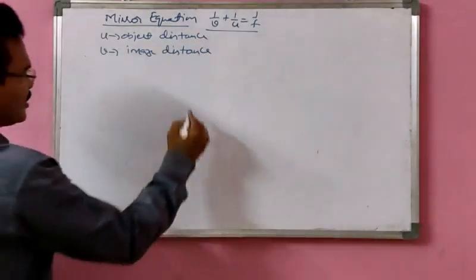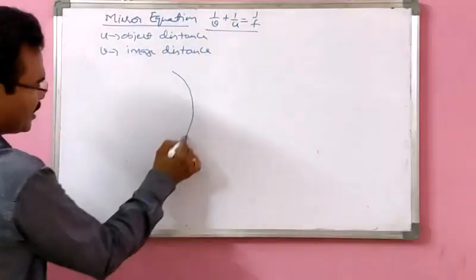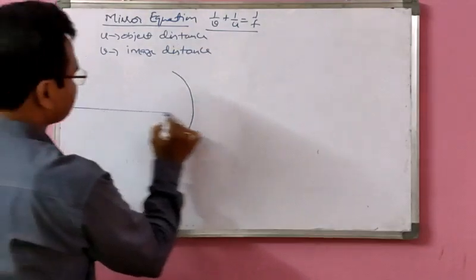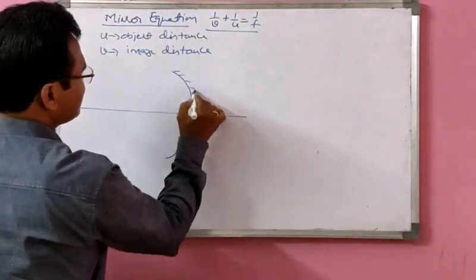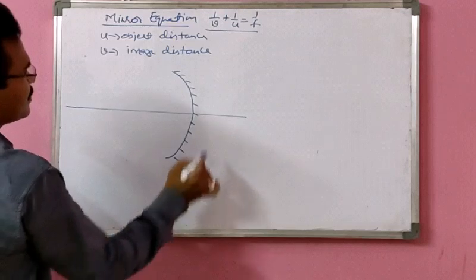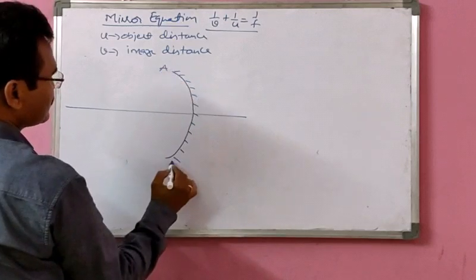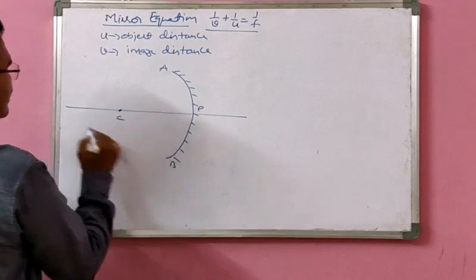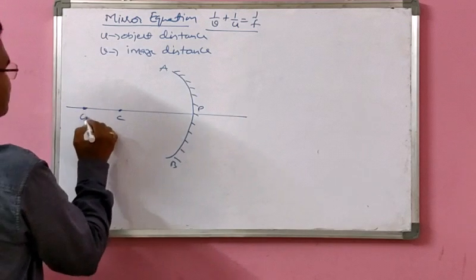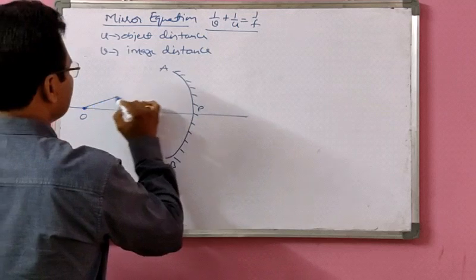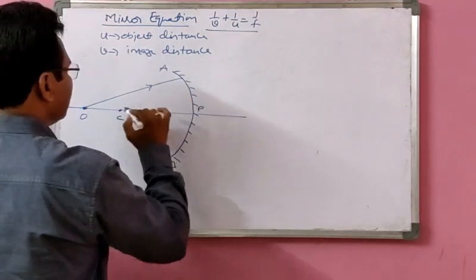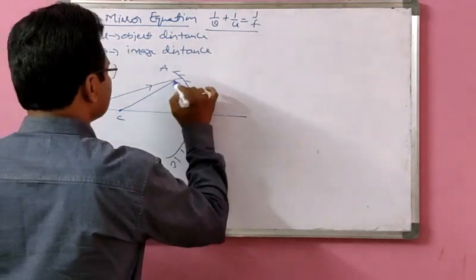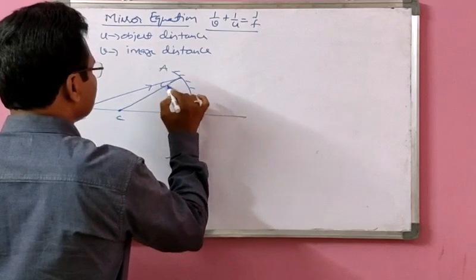Now I'm again taking a concave mirror. AB is taken. This is the pole, and this is C. An object is kept here. A ray goes from here, and you draw another line from this one so that the angle can be measured.